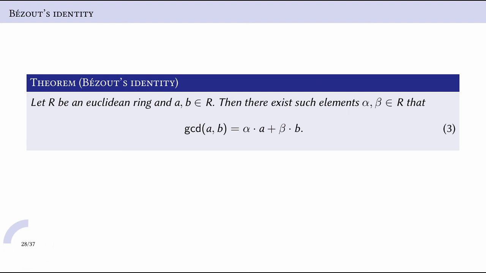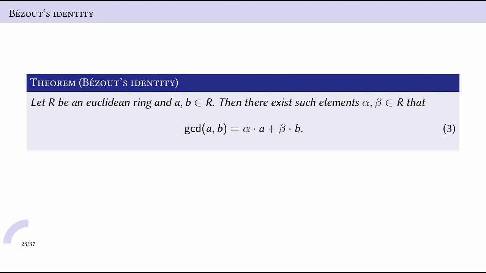Namely, if we have still a Euclidean ring, so a ring of integers or a ring of univariate polynomials, then the greatest common divisor can always be expressed as a sort of linear combination of A and B with some elements alpha and beta from the same ring R. These alpha and beta are not coefficients, they are elements from the same ring.